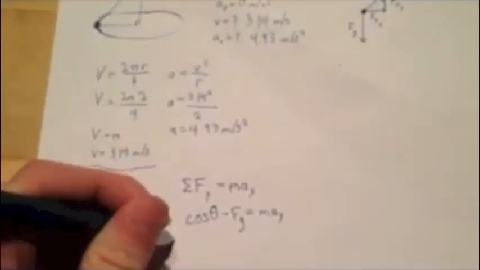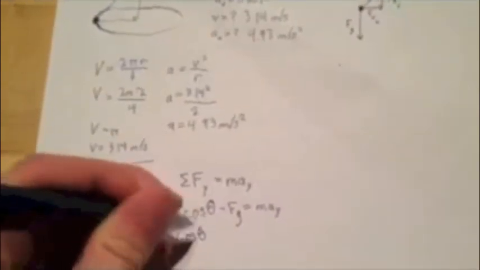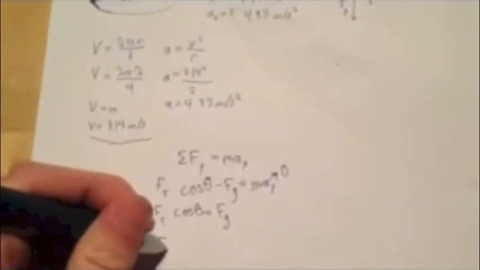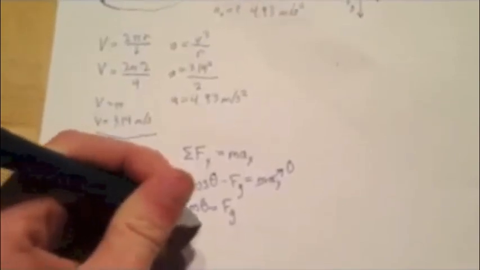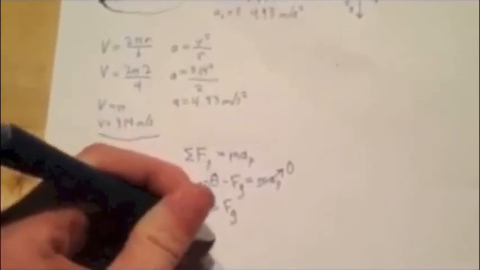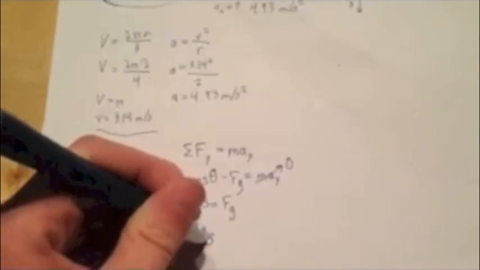And that comes from that minus that. And so, now that we know that acceleration of y is equal to 0, we'll plug that in. So F_T times cosine of theta, just to show that that's 0, is equal to, bring that over, the force of gravity. And so we solve for force of tension, which is equal to force of gravity over cosine of theta.